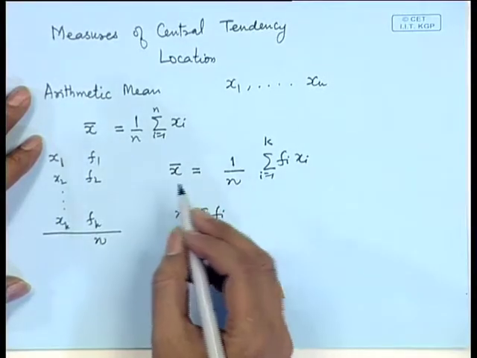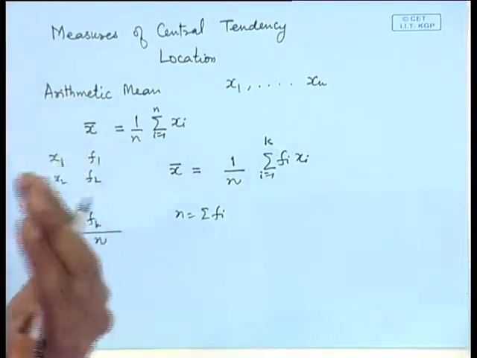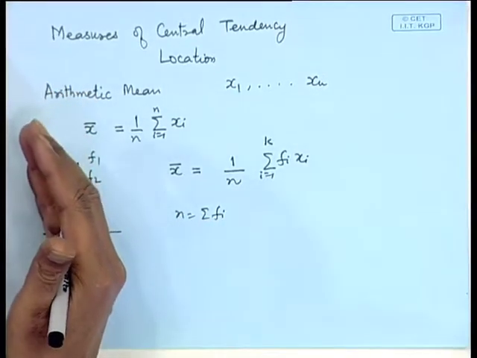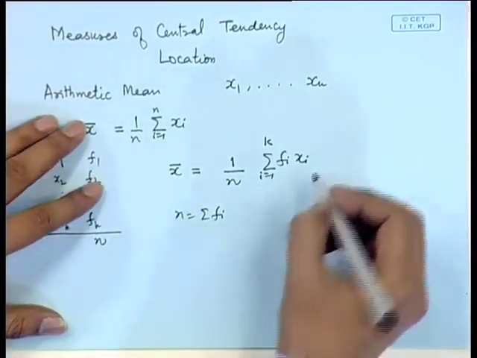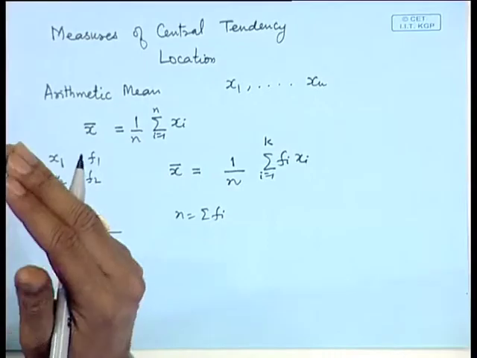If you have class intervals, then obviously you do not have single values of x i's. The technique used is that one takes the mid value of the class interval and calls that x i.